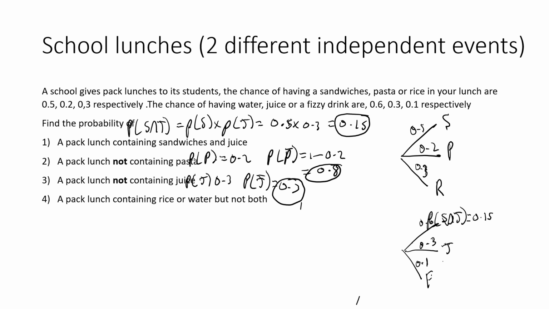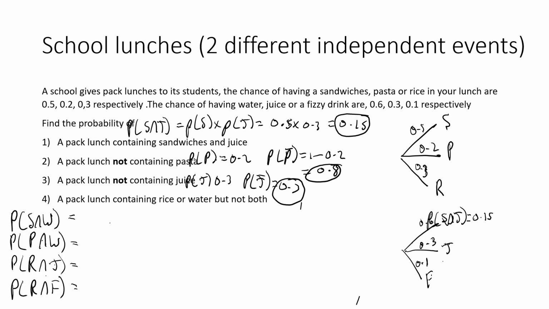So I'll pause the video and quickly get them right now. Okay, so probability of S times probability of W is equal to 0.5 times 0.6, which is 0.3.